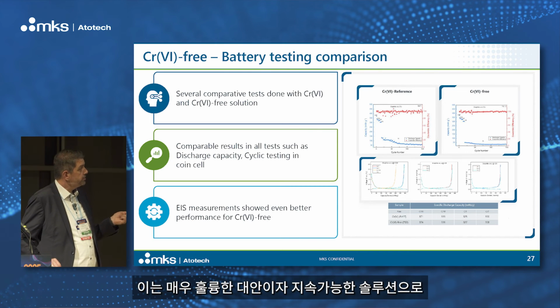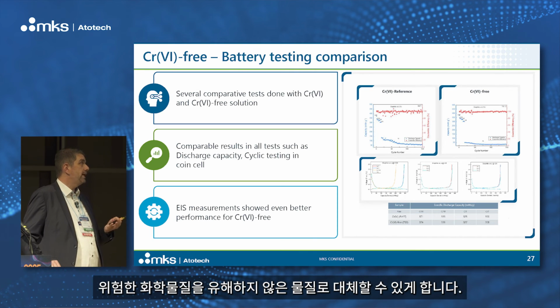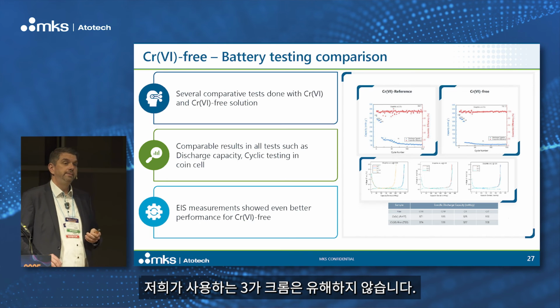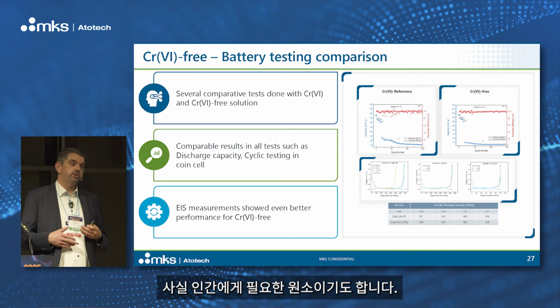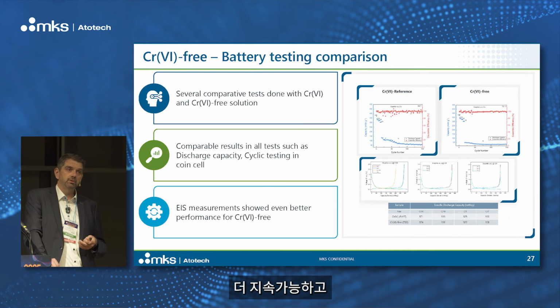This offers a very nice, very sustainable alternative to replace a very dangerous chemical with something which is not dangerous. Trivalent chromium, which we use, is not dangerous, and actually we need it as humans. Therefore, we can easily exchange it and have something more sustainable and more environmentally friendly.